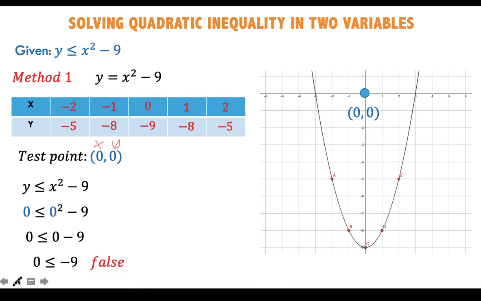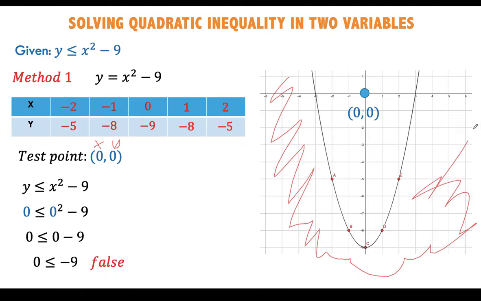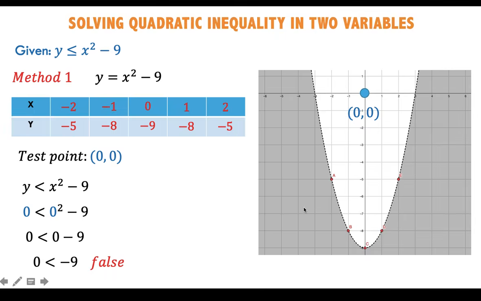This tells us that the solution is not located inside, it means the solution can be found outside the region. Somewhere here. So we're going to shade this part because the solution lies here, not inside. This is our final answer.